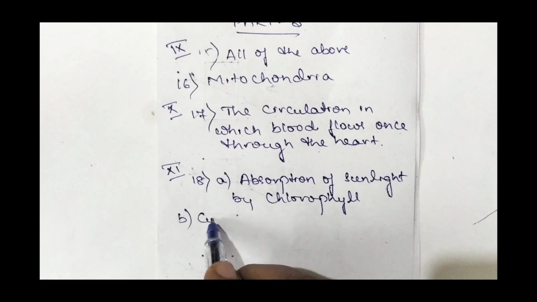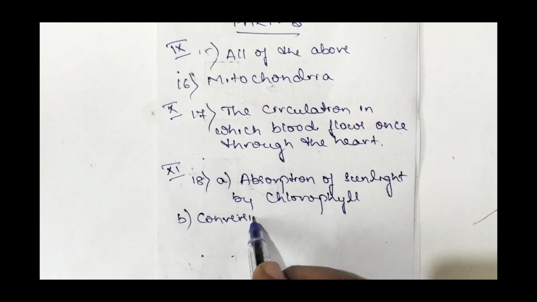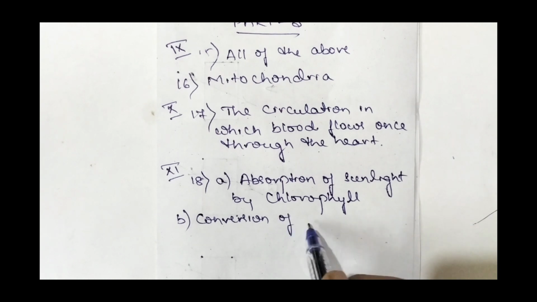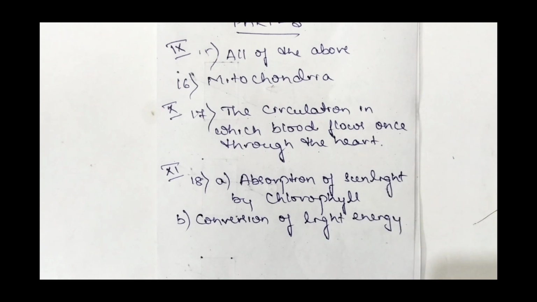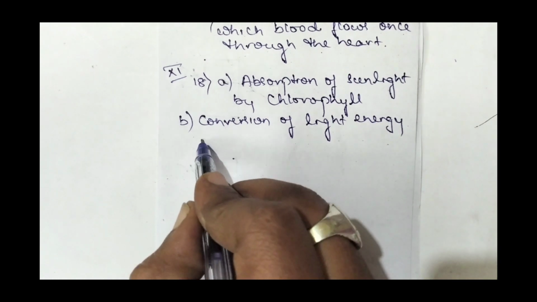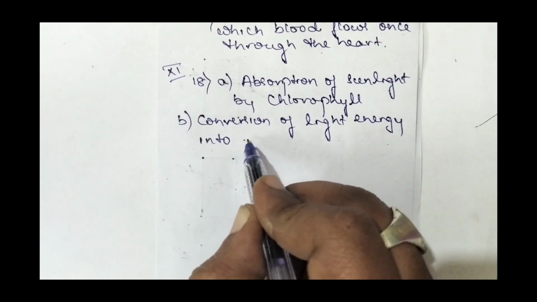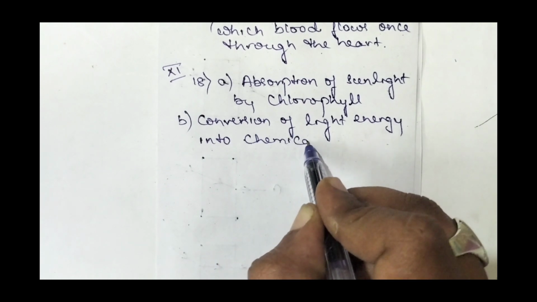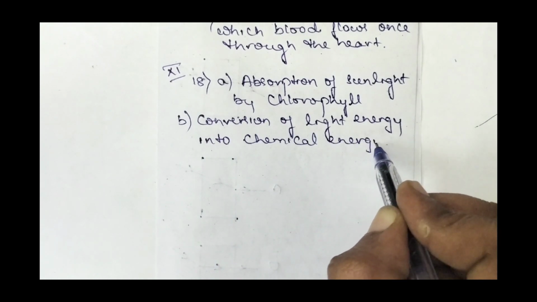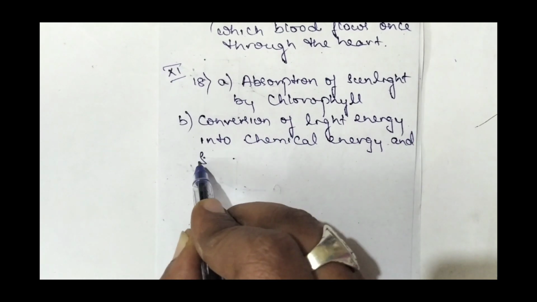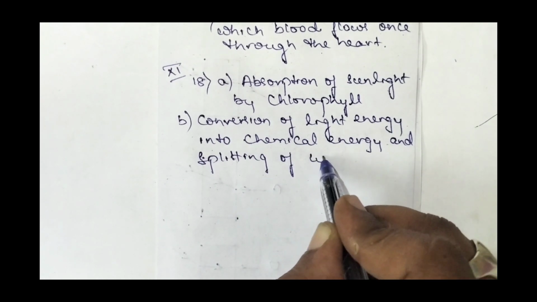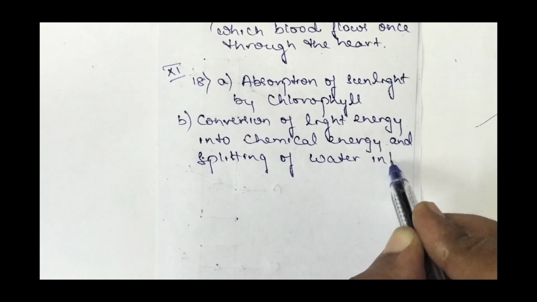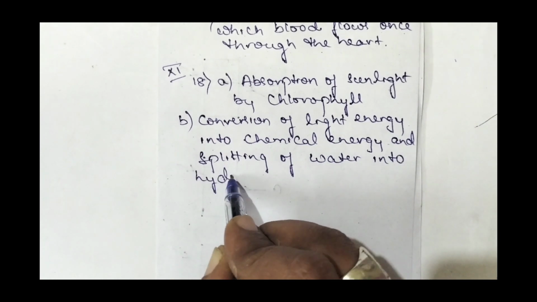Then the second step is, after absorbing sunlight by chlorophyll, conversion of light energy into chemical energy and splitting of water into hydrogen and oxygen.